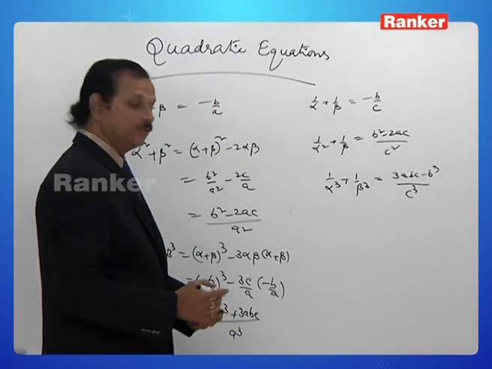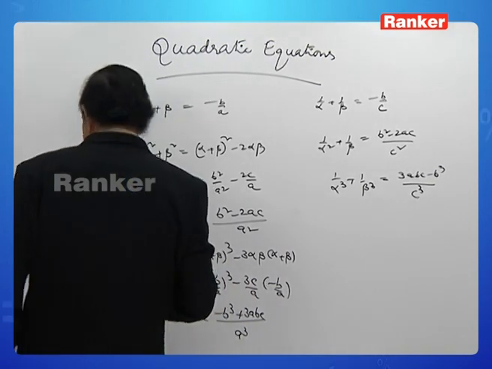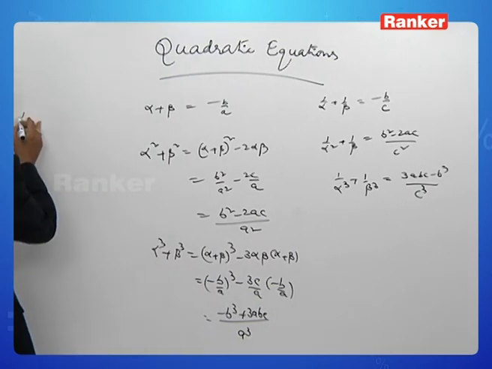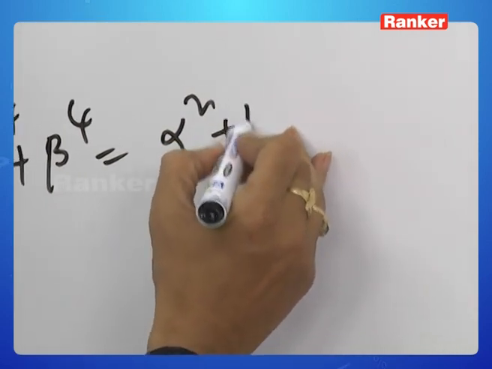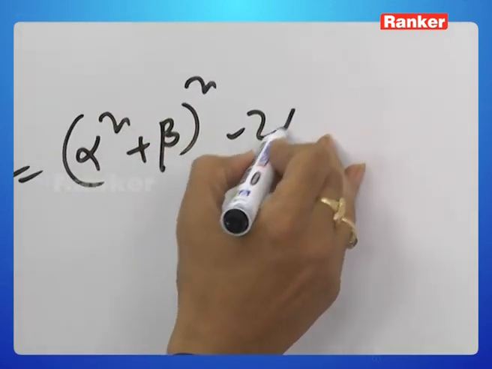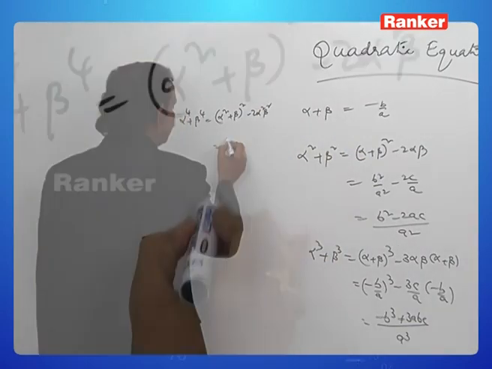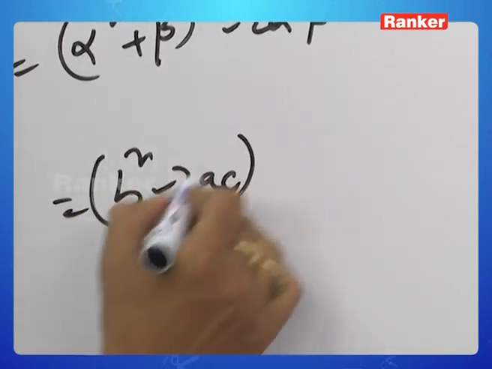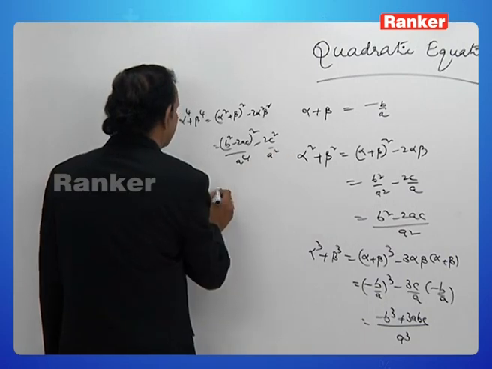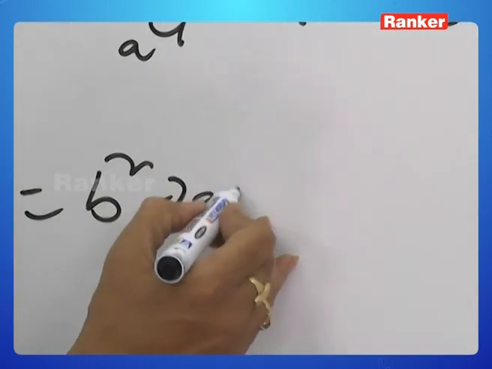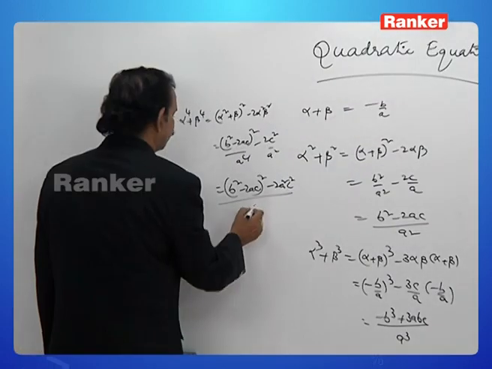Not only that, you can have alpha power 4 plus beta power 4 also. Yes, how can we get this? Alpha power 4 plus beta power 4 is equal to alpha square plus beta square whole square minus 2 alpha square beta square. So, it's nothing but b square minus 2ac whole square by a power 4 minus 2c square by a square. That is b square minus 2ac whole square minus 2a square c square by a power 4.